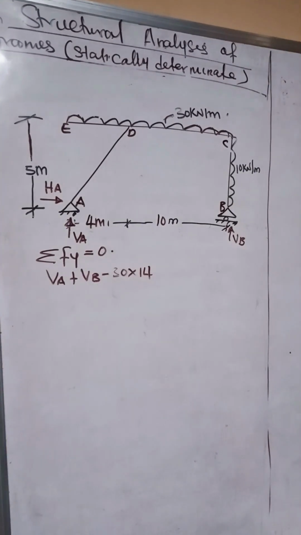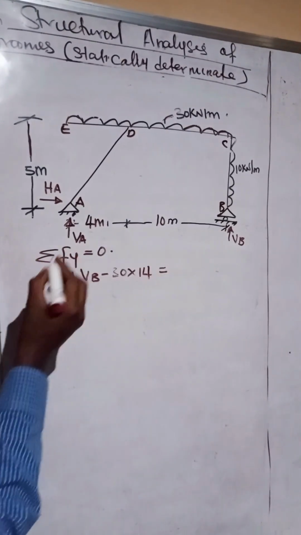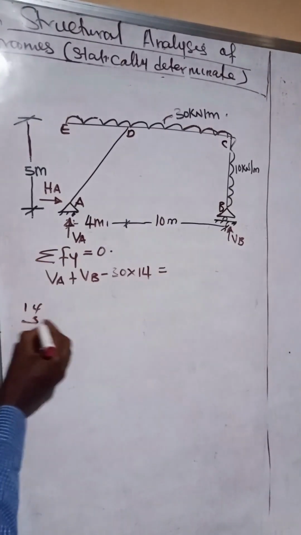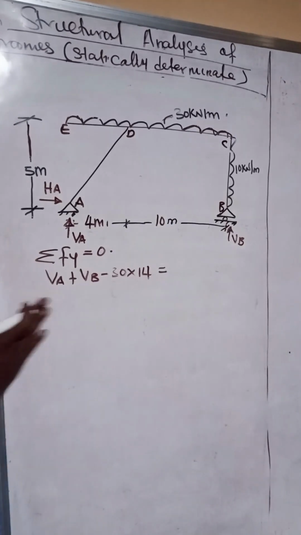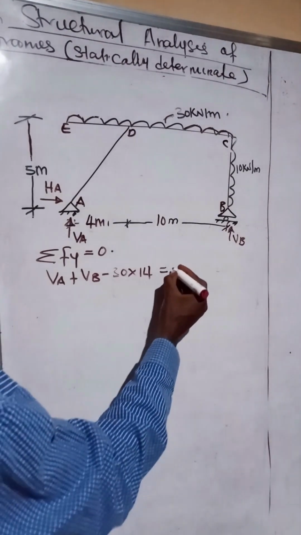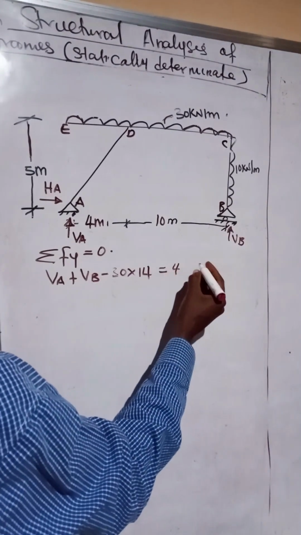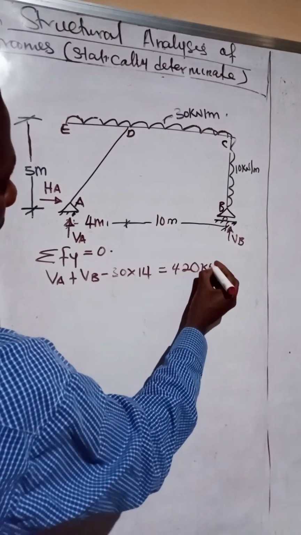If we work this out carefully, we're going to have 420 kilonewton.